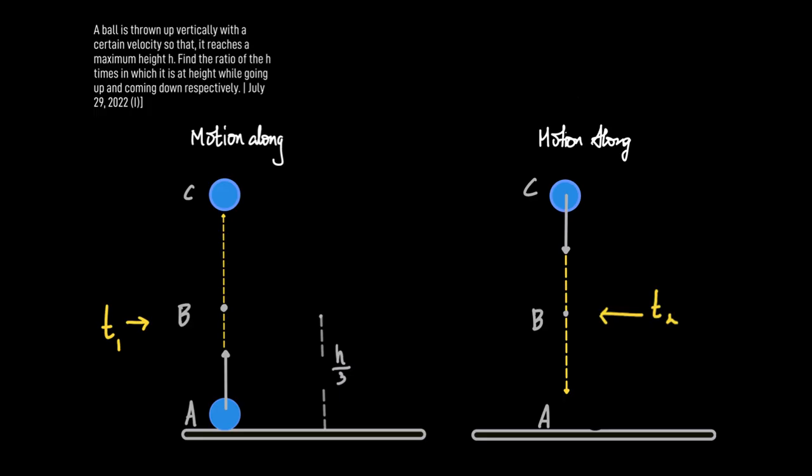Now let's try to understand the symmetry of velocities in a projectile motion. What are the paths that we are considering?